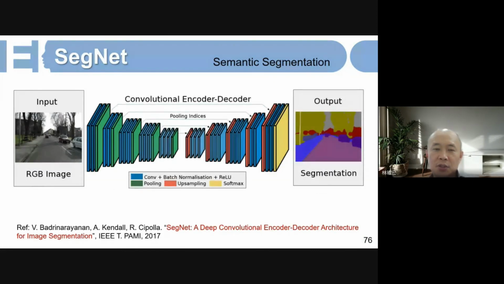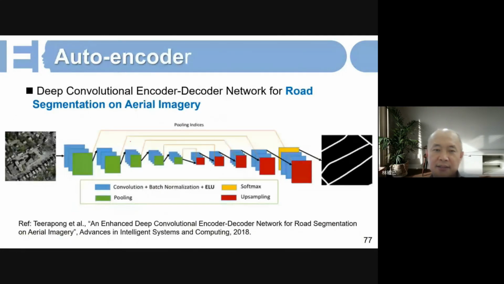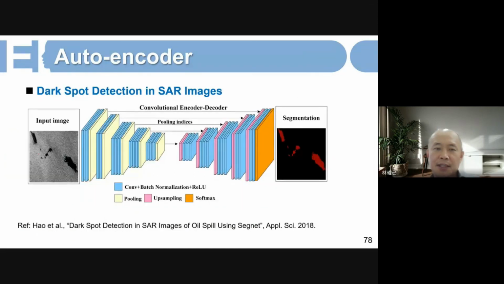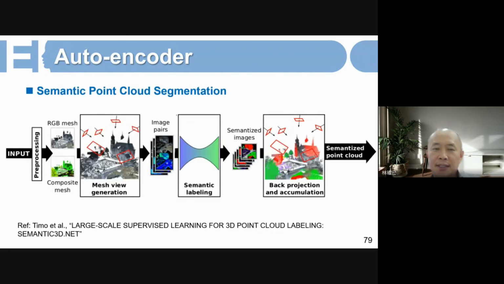Also, autoencoding can be applied to segmentation. It can be applied to aerial images to extract buildings and roads. It can be applied to SAR images to extract oil spills. It can be applied to point clouds to perform segmentation. Currently, we also apply it to point clouds to extract ground points to generate the DEM.